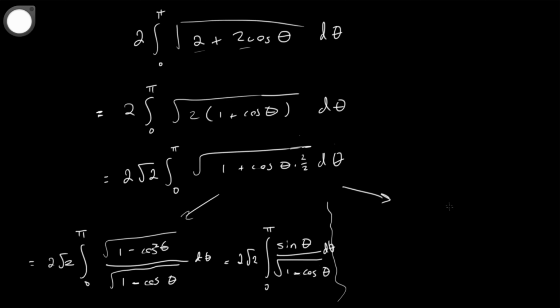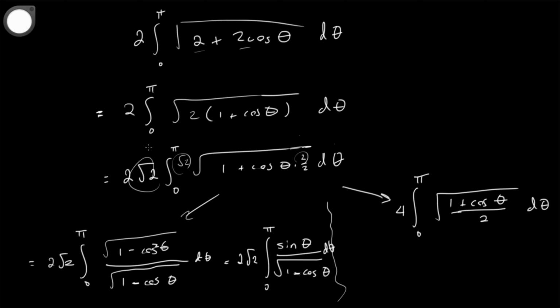Then I'm going to get 1 plus cosine theta over 2, with a 2 in the top, so another root 2, and I'm going to get a 4 on the outside. 0 to pi, square root. Boom. This 2 right here got pulled out, and then this root 2 and this root 2 combined to a 2. Those two became a 4.